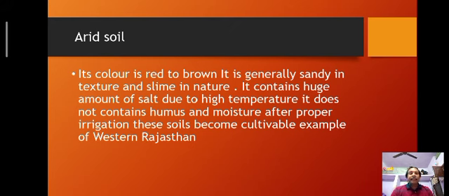After proper irrigation, this soil also becomes cultivable. For example, in the western part of Rajasthan, in some areas due to the opening of the Indira Gandhi Canal, this soil is being utilized for cultivation.